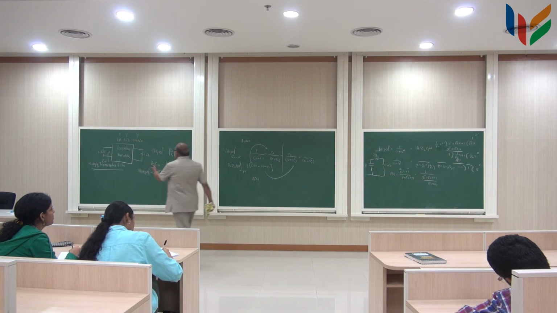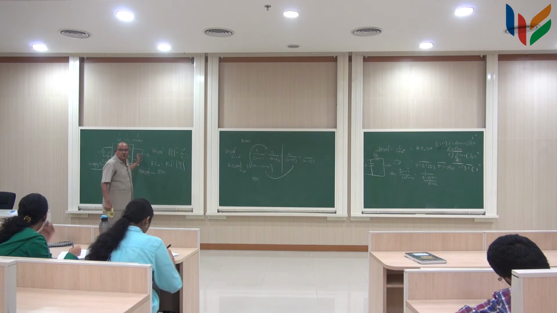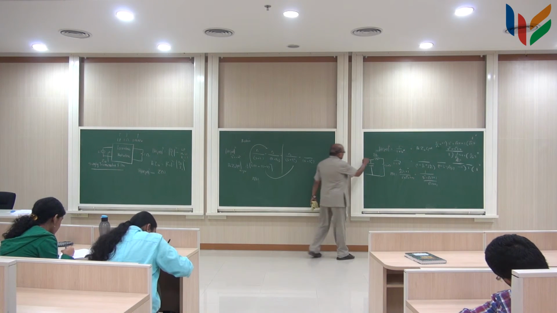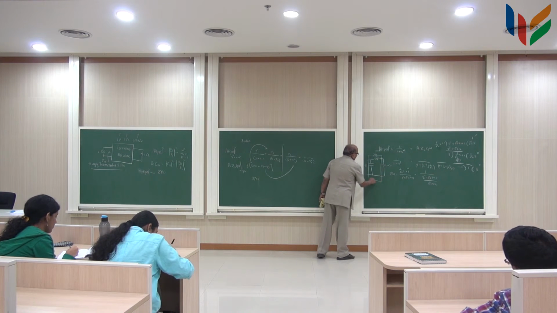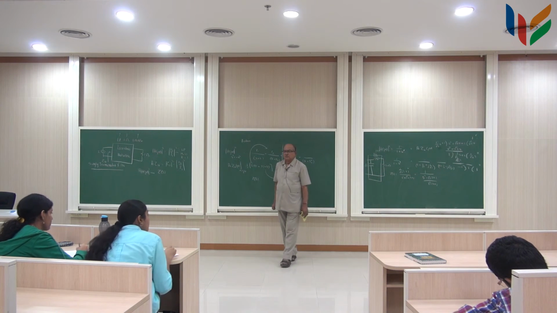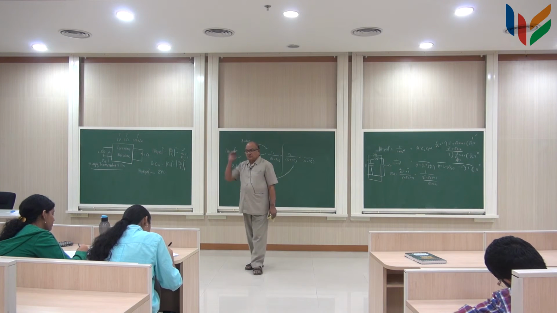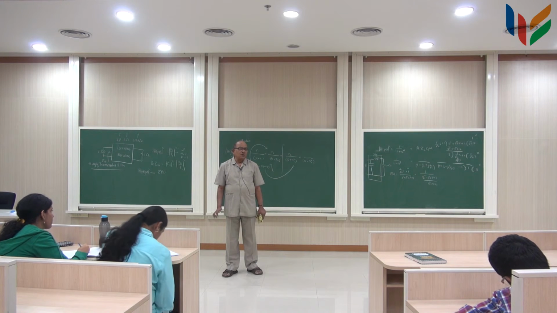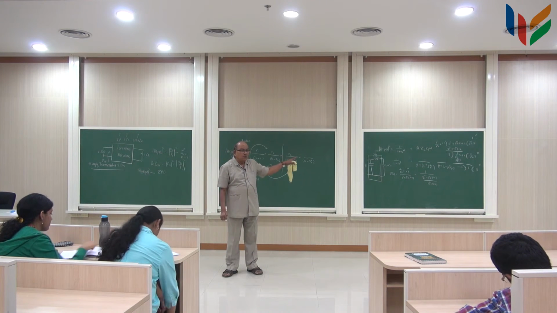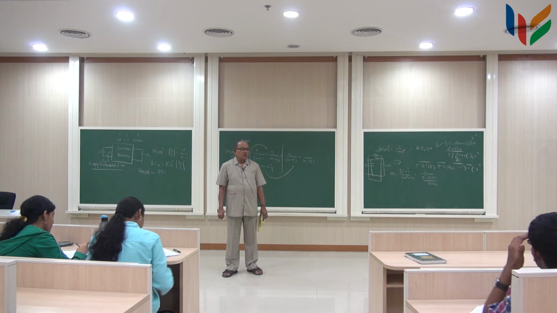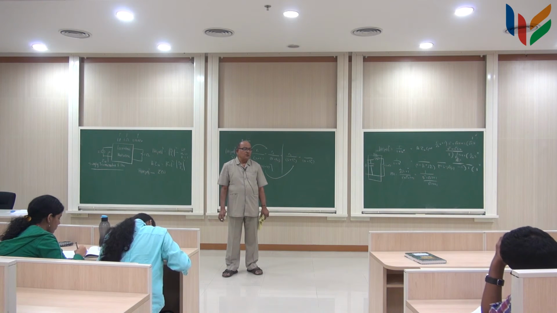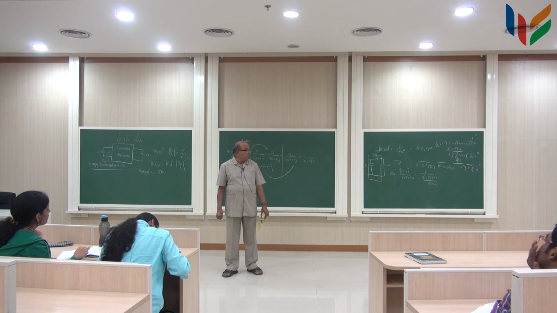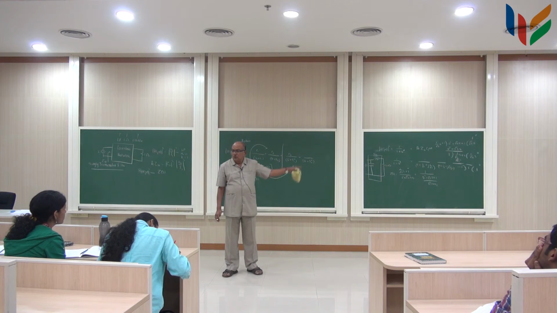Now, this is the network I require, a lossless network terminated in 1 ohm. So this is a filter which will give you a transfer function equal to 1 by 1 plus ω⁴, corresponding to a low pass filter with Butterworth characteristics, of second order, because ω⁴.